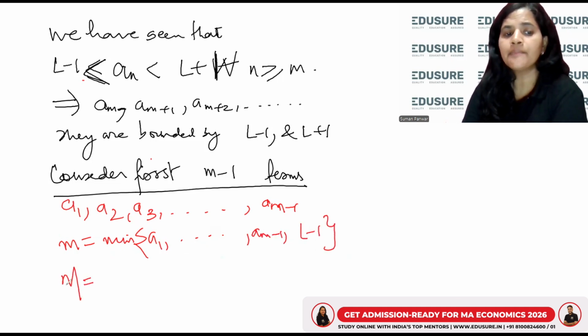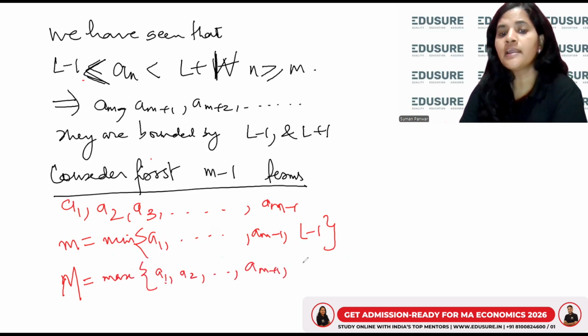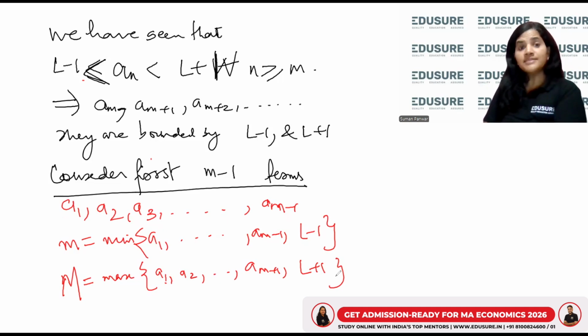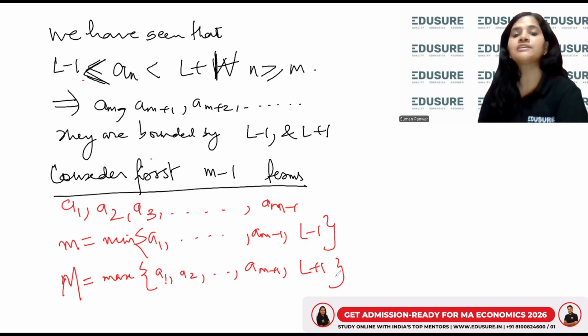And let capital M be the maximum of a_1 till a_(m minus 1) and L plus 1. We already know that the sequence a_n is bounded below by L minus 1 and above by L plus 1 for all the terms starting from a_m. We don't know what is happening to the first m minus 1 terms, so we take small m to be the minimum of the first m minus 1 terms and the lower bound L minus 1, and capital M to be the maximum of the first m minus 1 terms and the upper bound L plus 1.